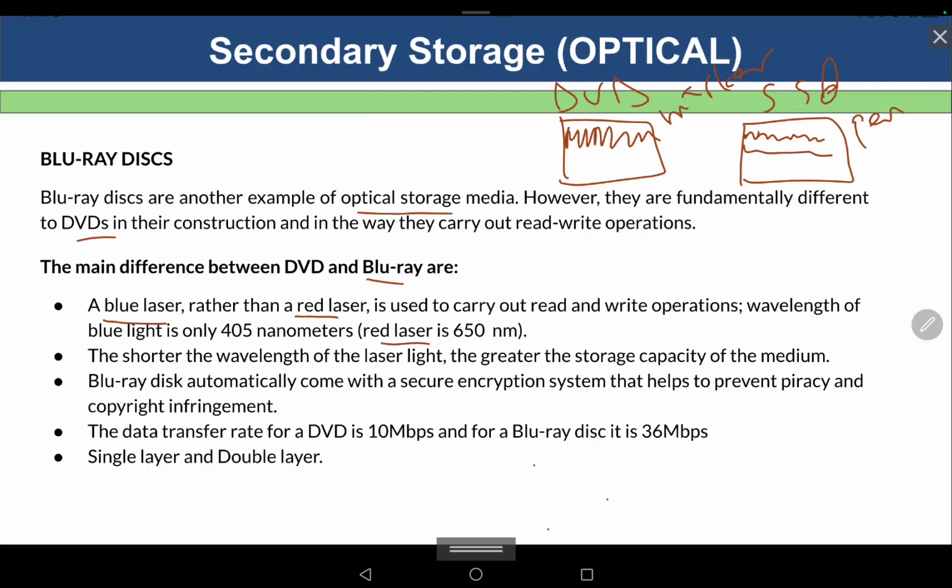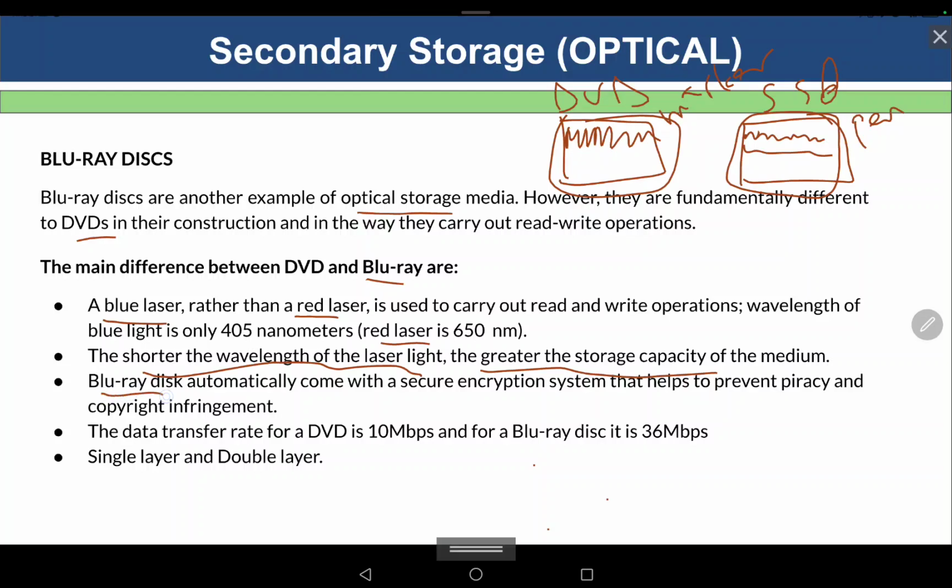Because of this, of course, Blu-ray will be able to store more data compared to DVD. So the shorter the wavelength of the laser light, the greater the storage capacity of the medium.